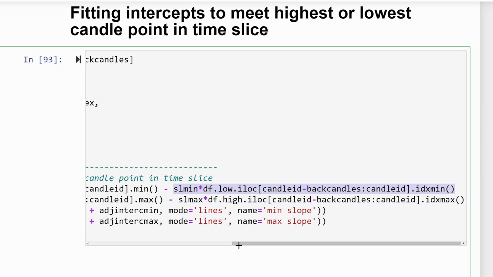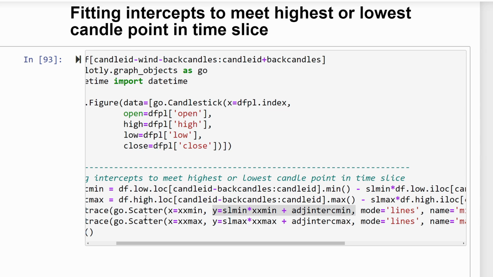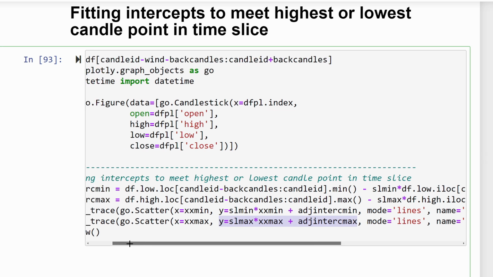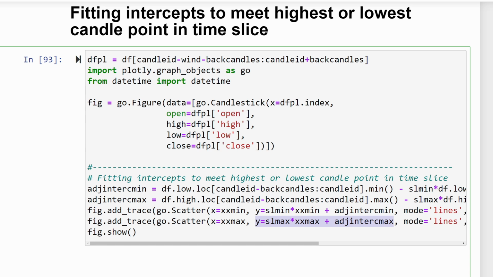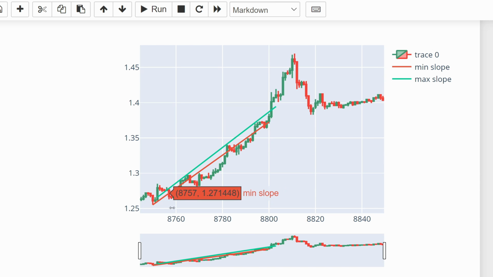And this difference is going to be our intercept. We add this adjusted intercept to our slope equation, then our slope will be going through this particular point, which is the minimum, and it's the maximum in the case of the maximum. So we do the same procedure for also modifying the adjusted intercept of the maximas. And this is what we get by using this procedure.